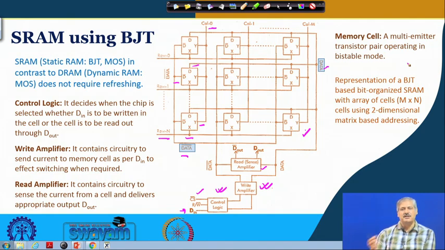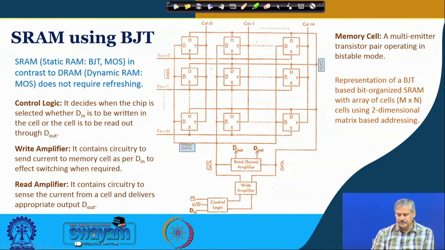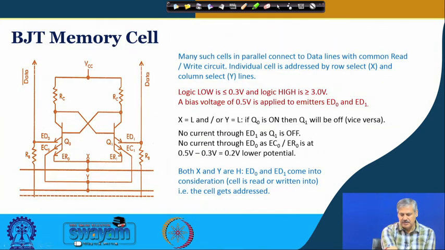If one is on, the other will be off. So, this is the basic memory cell. How it gets connected to the other parts, that is the sensing amplifier, write amplifier and control logic, we shall see in subsequent slides.